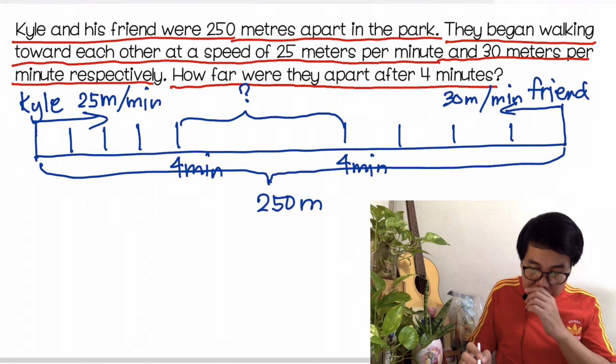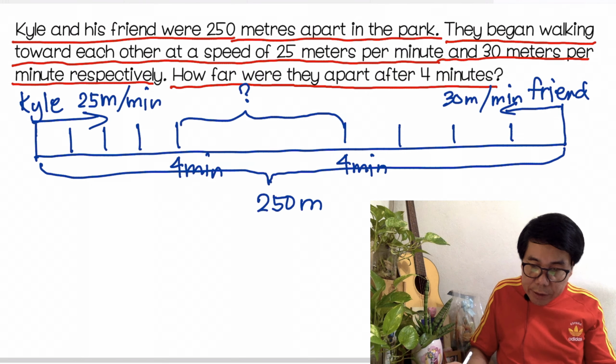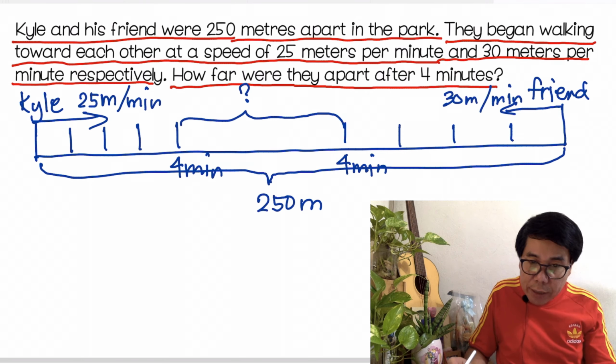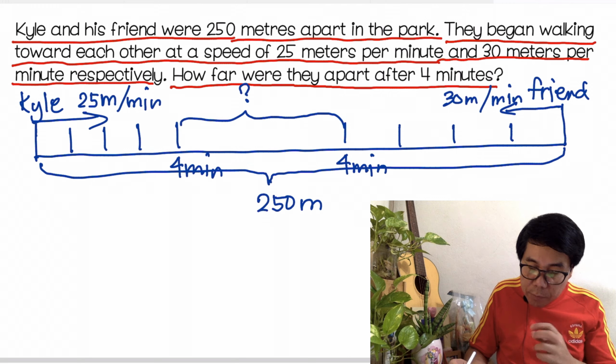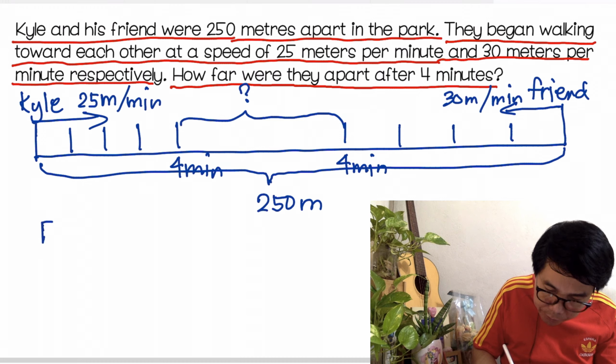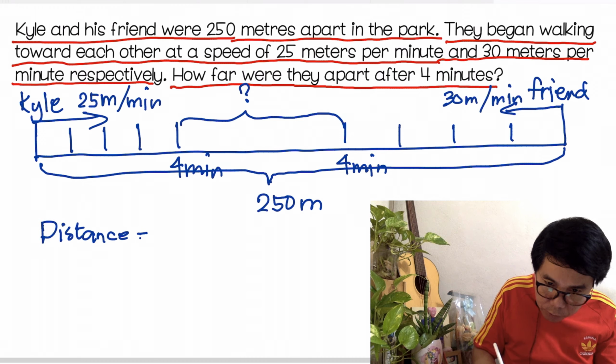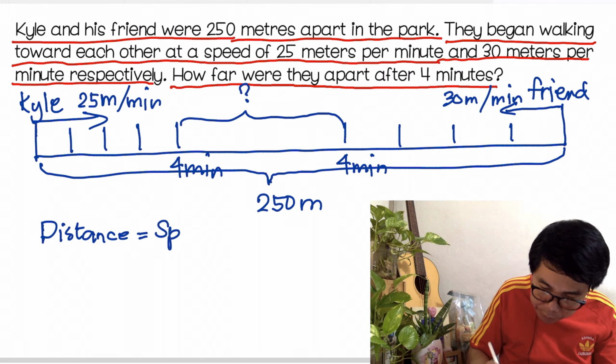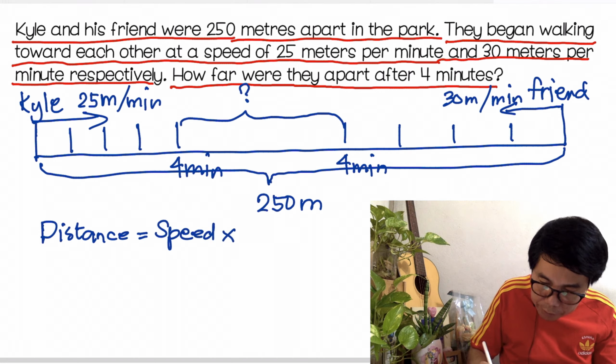The first thing that we have to do is to find out the distance of Kyle in 4 minutes. To find the distance, we should remember that distance is equal to speed times time.